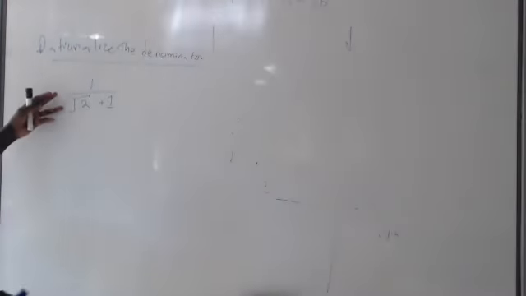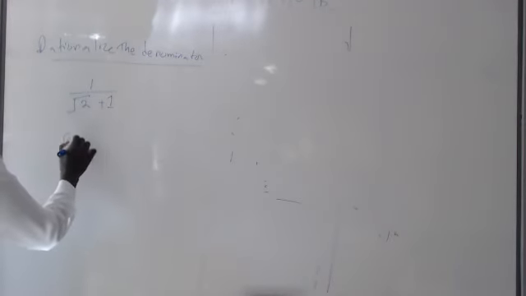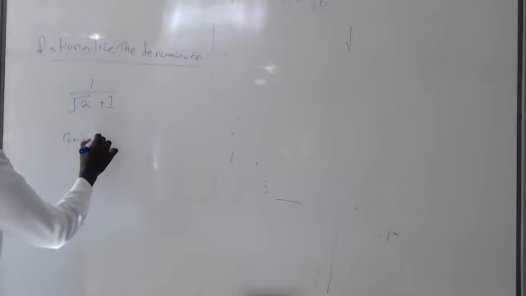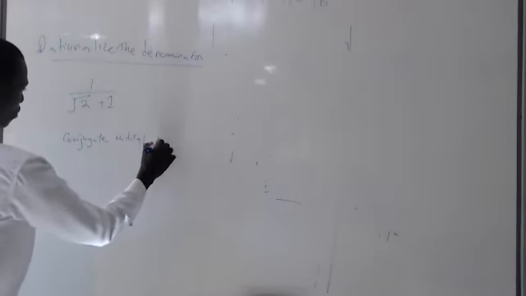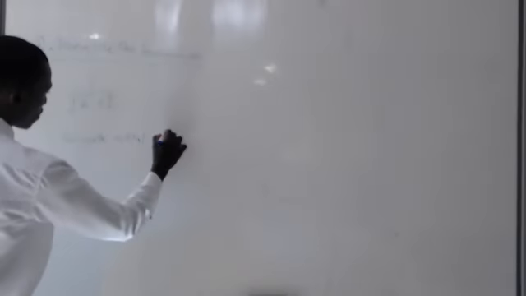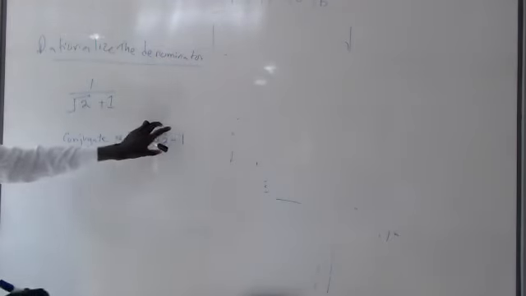So what will be the conjugate radical of this denominator? Square root of 2 minus 1. So we will multiply the numerator and the denominator by that.